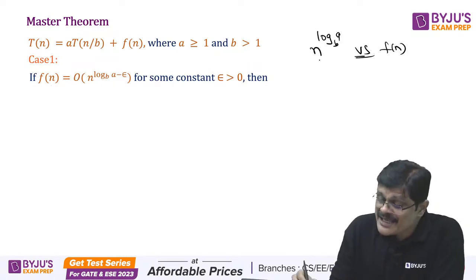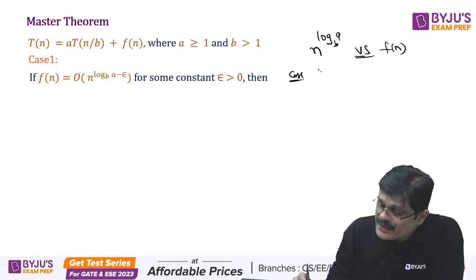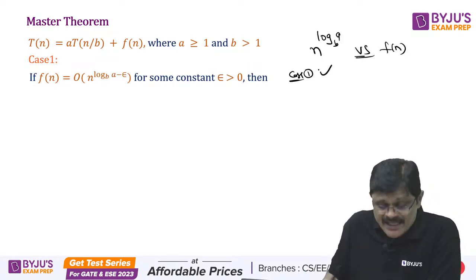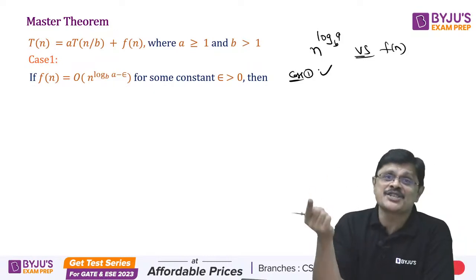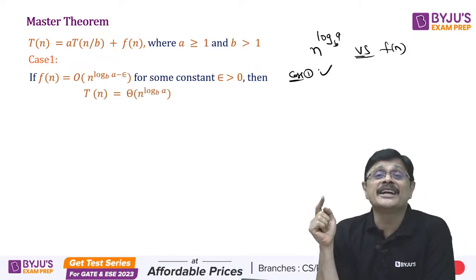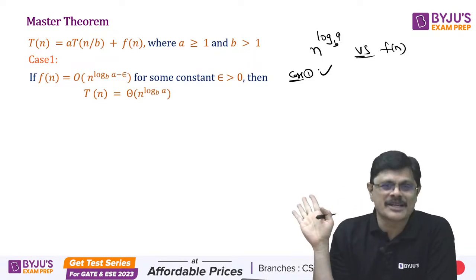In case 1, n^(log_b a) is larger, so the complexity is simply Theta(n^(log_b a)).